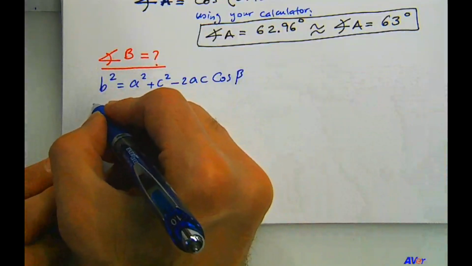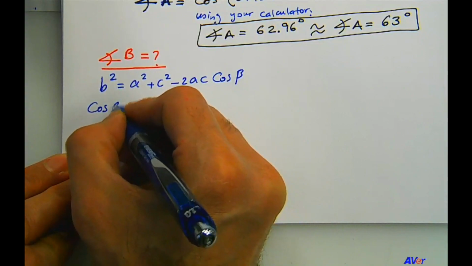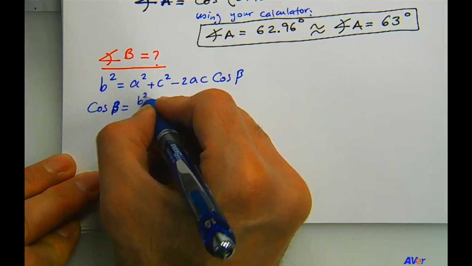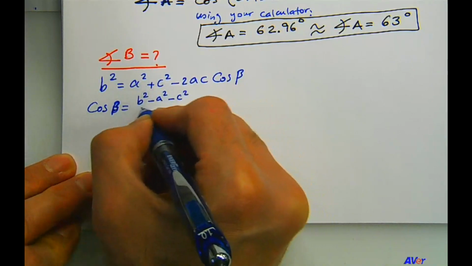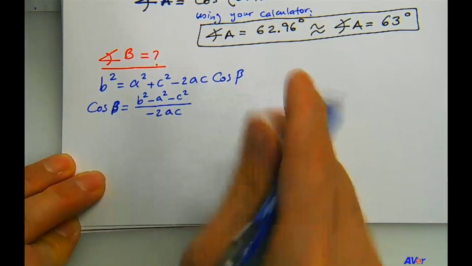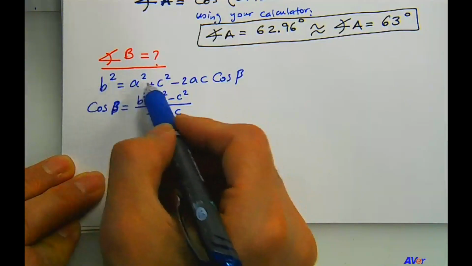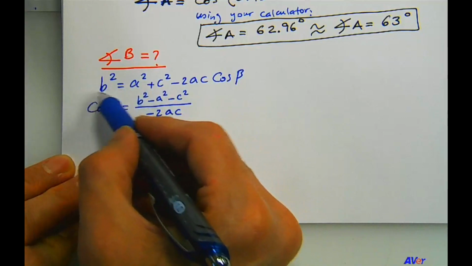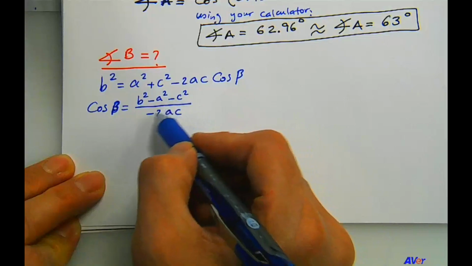So cosine of B, or beta, is equal to B squared minus A squared minus C squared, all of that divided by minus 2AC, right? I moved all of this to one side, minus A squared minus C squared, and then divided the left side by minus 2AC. That's all I did.